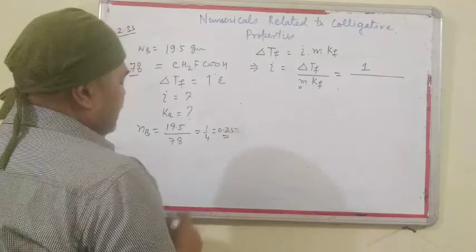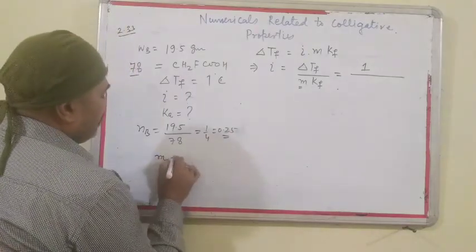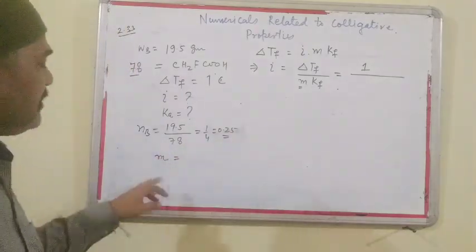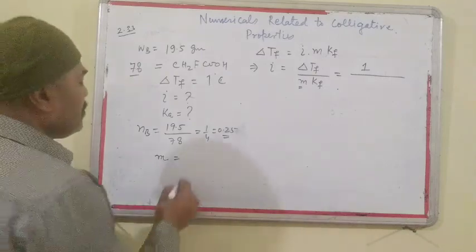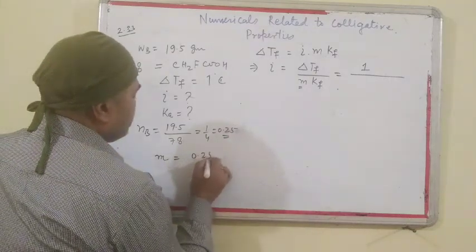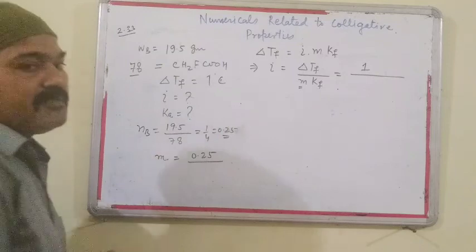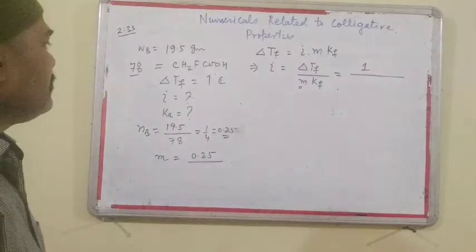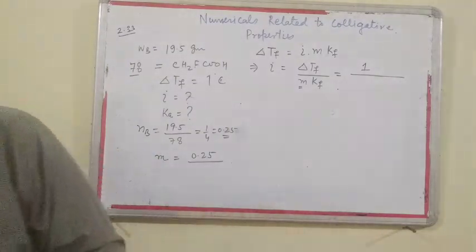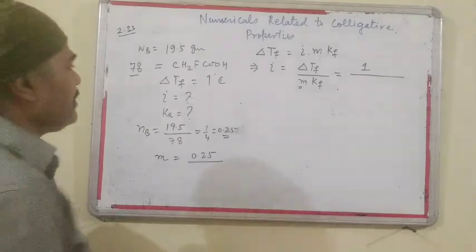So the molality, here I write the molality. Molality is the number of moles of the solid divided by the mass of the solvent. Here the mass of the solvent is taken 500 gram.